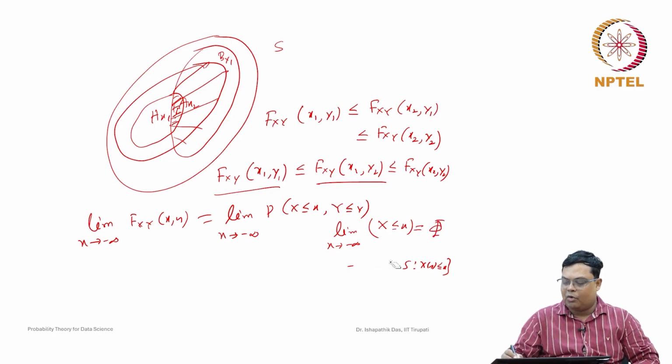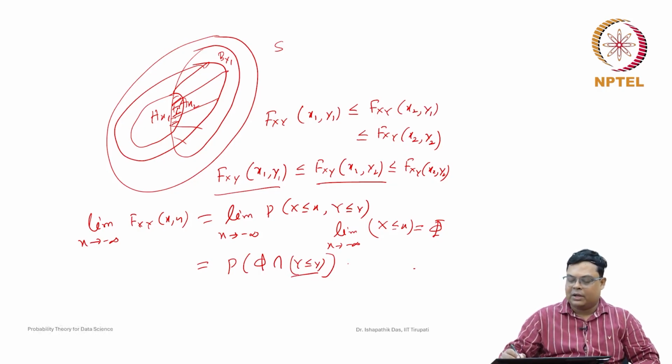The exact proof will be different, but this is just to understand it. If this is the empty set, then this probability is the probability of phi intersection the event Y less than or equal to y. Whatever the set Y less than or equal to y is, its intersection with a null set is again a null set, so this is equal to 0.